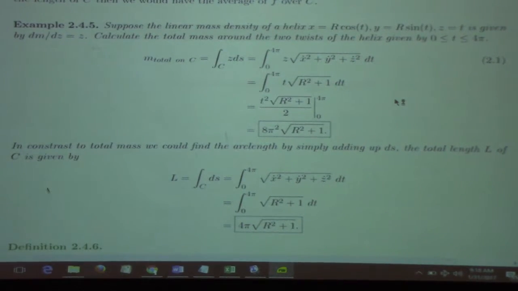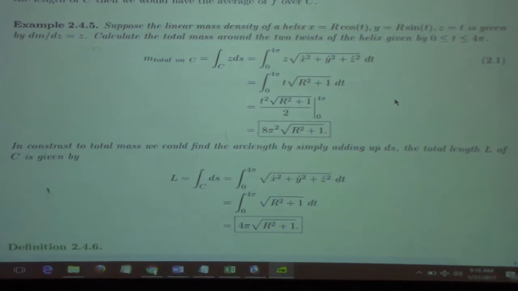Here's an example. Suppose we look at the linear mass density of a helix, one of our favorite curves. Our cosine t, our sine t, t. And I'm going to give us the mass per unit, the mass dm ds. Oh man, this is a typo, guys. What should this be?